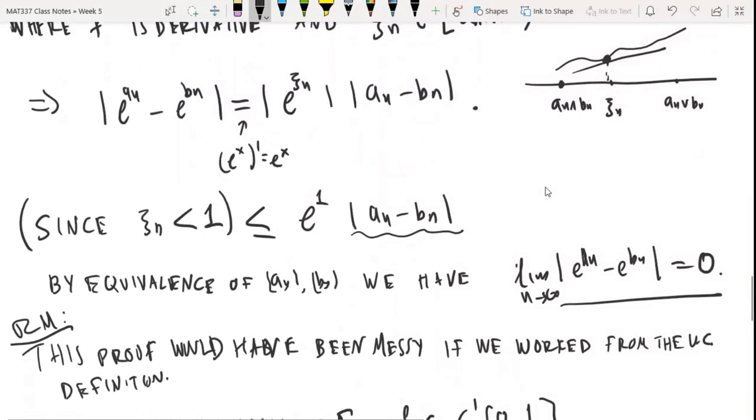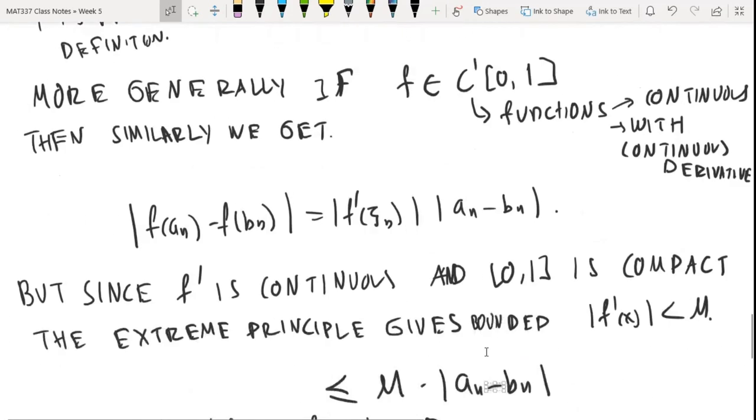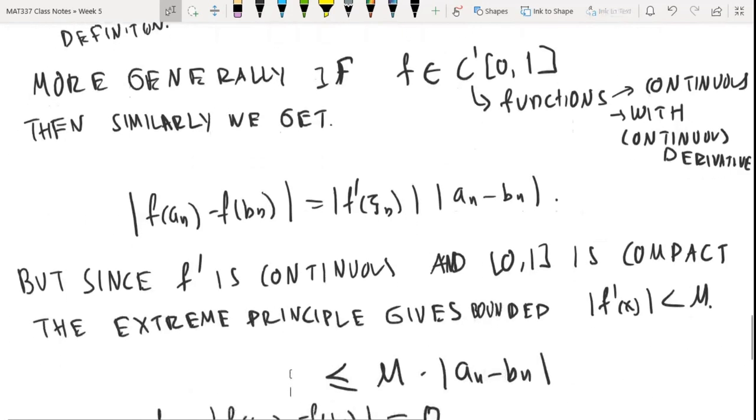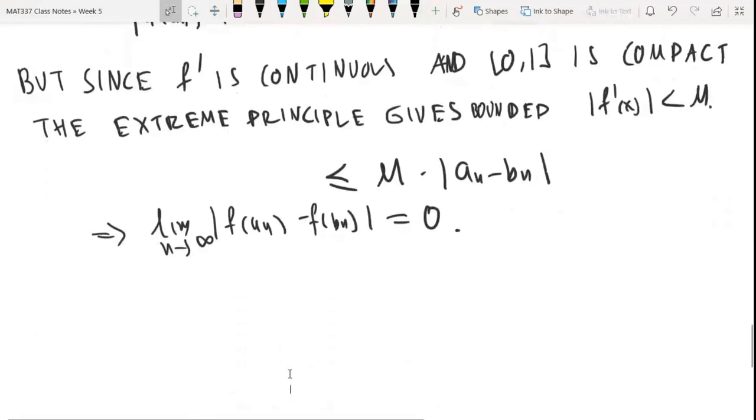So this here is the squeeze theorem. Is that okay, Tongfei? Okay. All right.